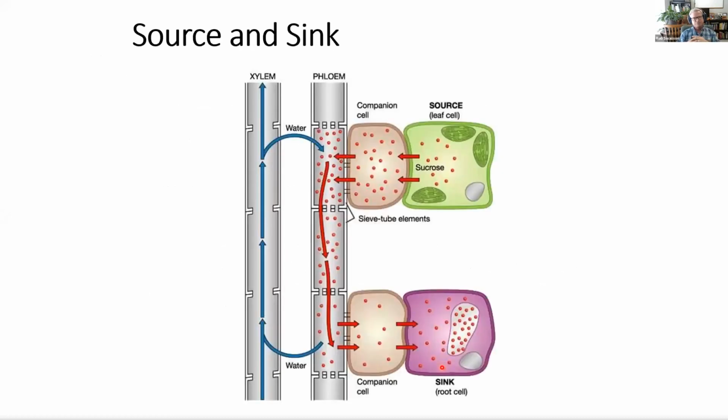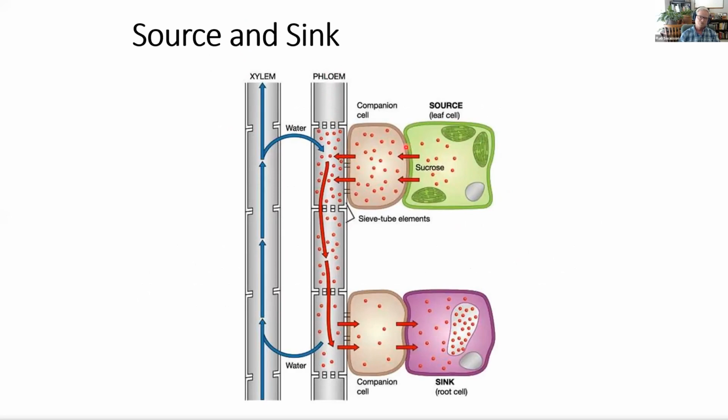So again, here's an example of the source and sink. We have xylem tissue that can move stuff up into the canopy. The phloem, this is where the photosynthates are going to be. So you might have these companion cells. Here's a diagram of a leaf. The leaf is producing sugars.